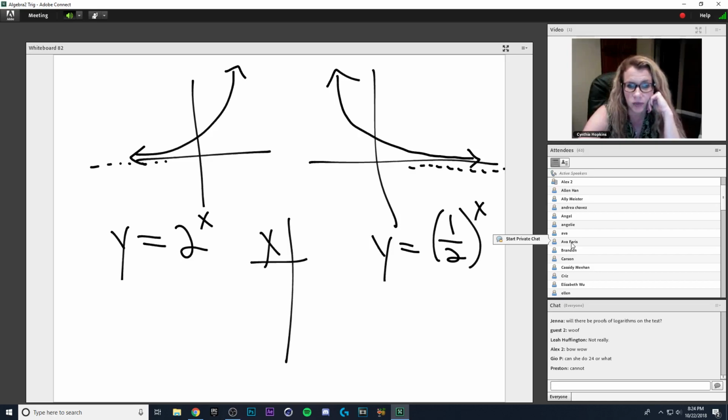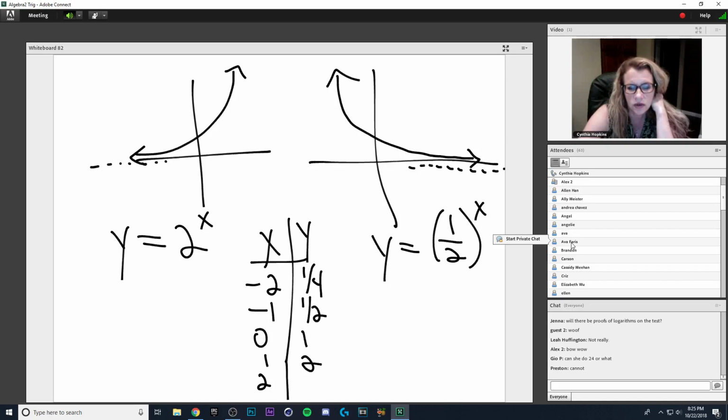Okay, but I would make an XY table. I would suggest for your exponent x that you do some negatives, 0 and some positives, so that you get a good variety of your graph. So say I was doing this increasing one, 2 to the negative 2 is 1/4, 2 to the negative 1 is 1/2, 2 to the 0 is 1, 2 to the first is 2, and 2 squared is 4.